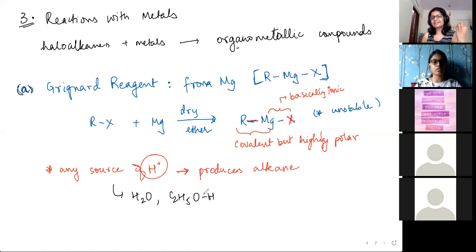Grignard reagent is so strong that even alcohol, being extremely non-acidic, is acidic enough for this to turn into an alkane. It breaks the bond between O and H, so this results in an alkane, and then you have C2H5OMgX that way.